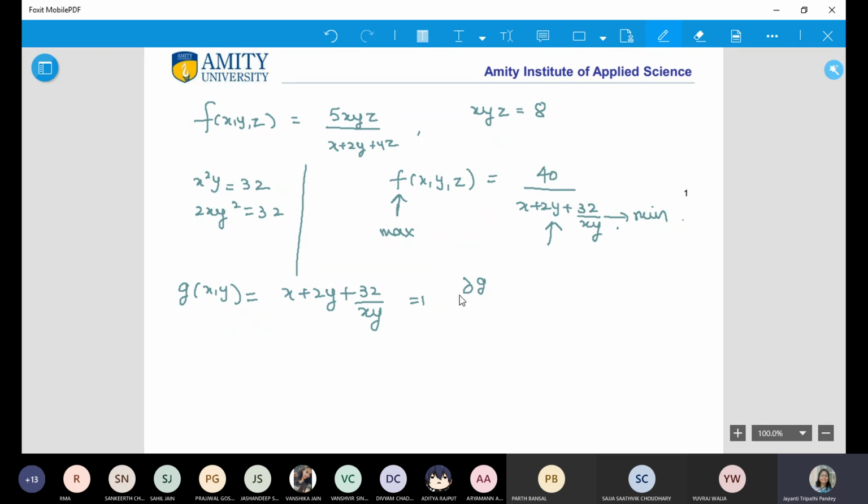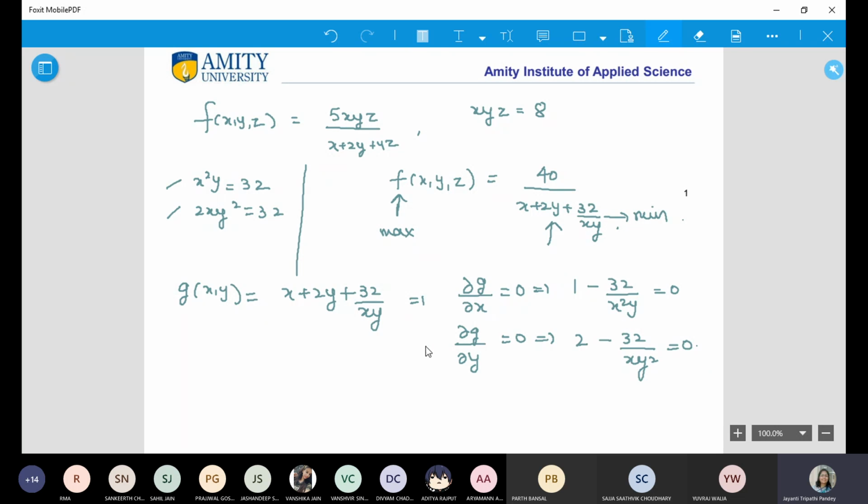So for maxima or minima, we do like this. Del g by del x: 1 minus 32 upon x square y is equal to 0. And del g by del y: 2 minus 32 upon xy square equals 0. These two give me this.